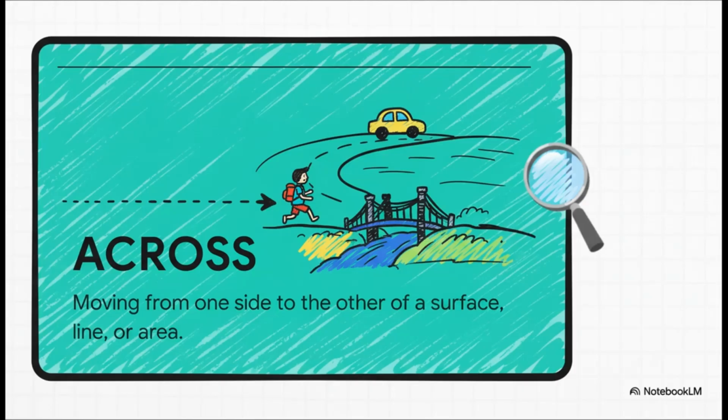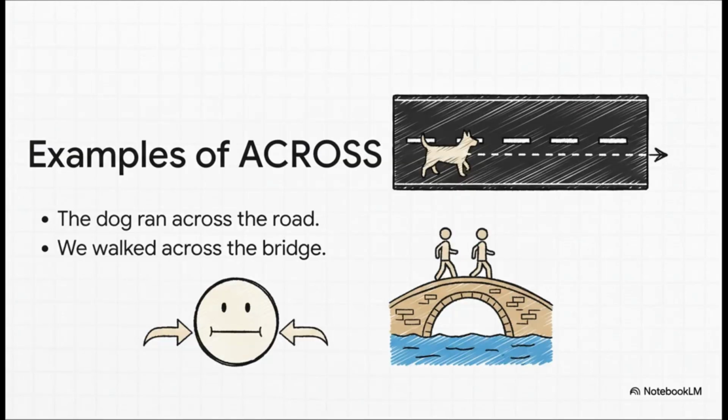A perfect way to picture this is a bridge, a road, or a big open field. So in these examples, the dog is on the surface of the road, right? We're on the surface of the bridge. And I love this last one. A smile moves on the surface of a face. That's the key to across. It's all about moving from one side to another on a surface.